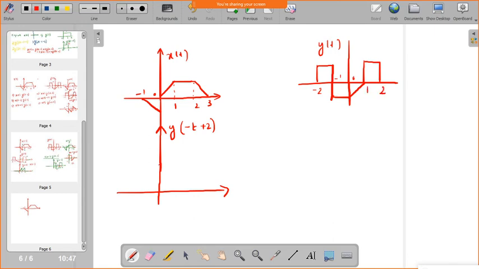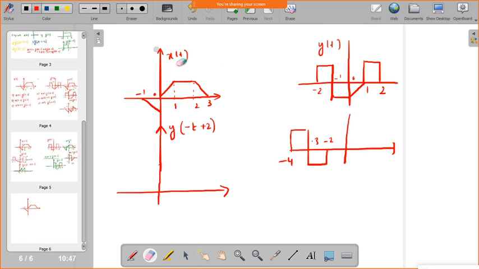So now shift the signal by 2 units. What will you get? At minus 4 you will get this one, minus 3, till minus 2.